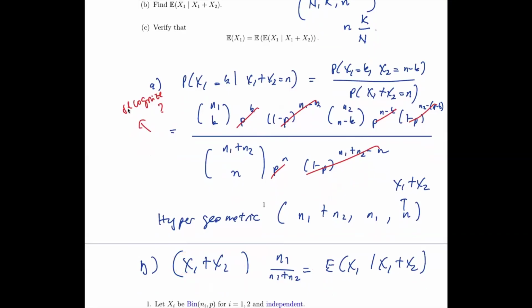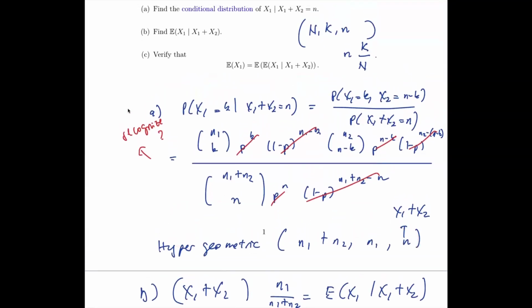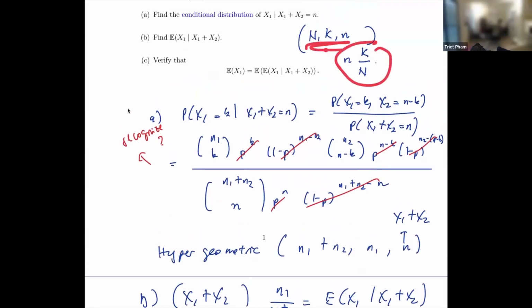Professor, can you go through how you got the answer again? Sure. The answer is from the hypergeometric. Remember, if you recognize a hypergeometric, then the expectation follows from a formula. Your question also highlights the importance of recognizing the pattern, because part B could be asked like this in and of itself.